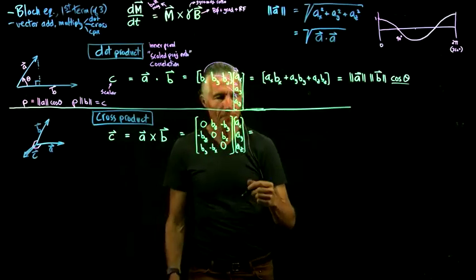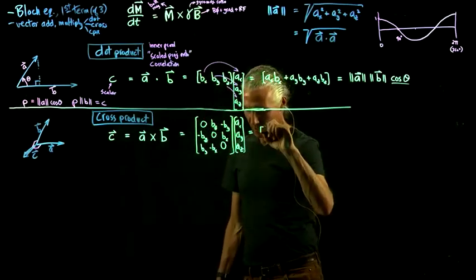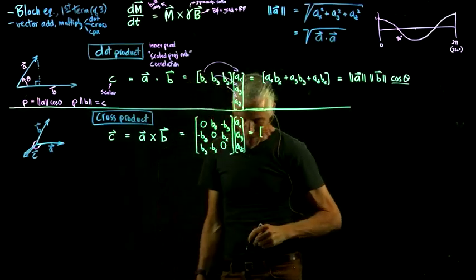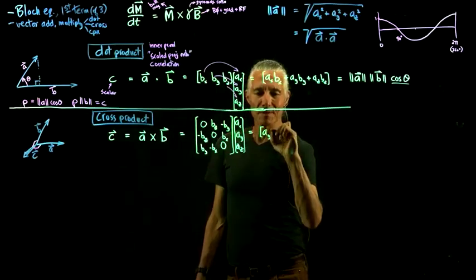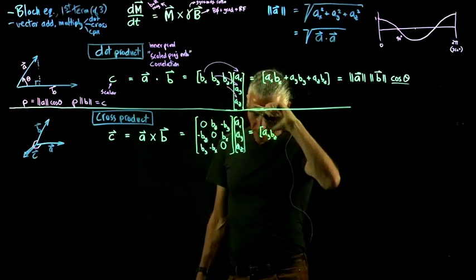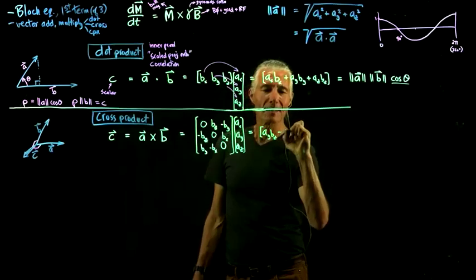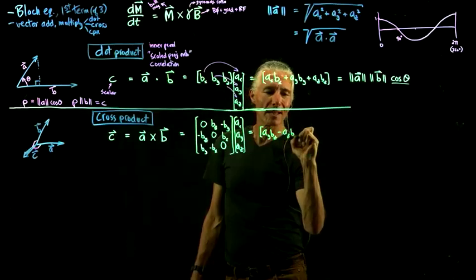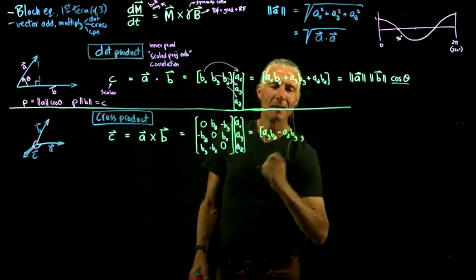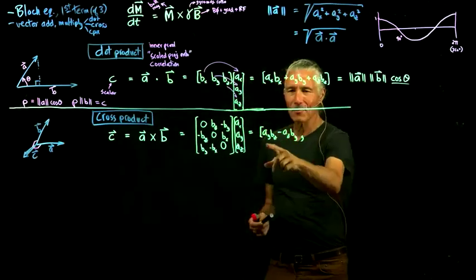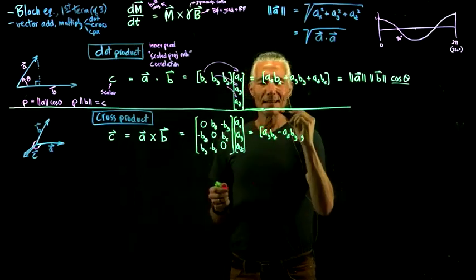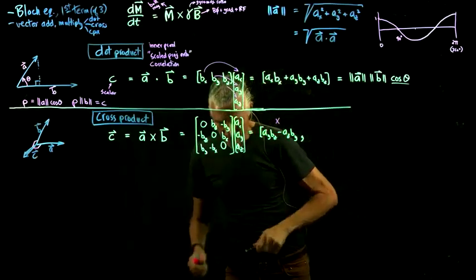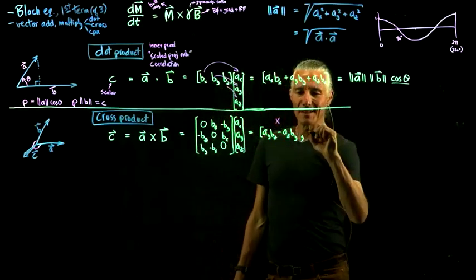But let's just look at how this works. So it kind of mixes the components. So it's ay times bz minus az times by, comma. And so you mix the y's and z's, and that gives you the x component of the output. And then you mix the z's and the x's.